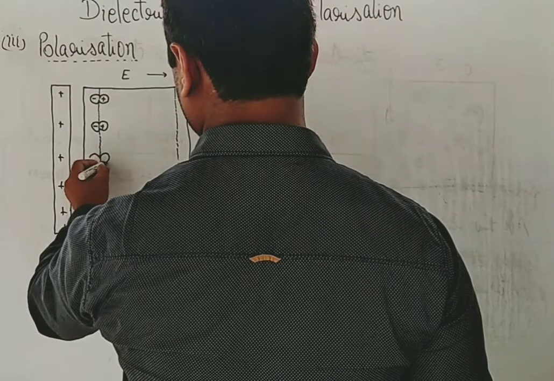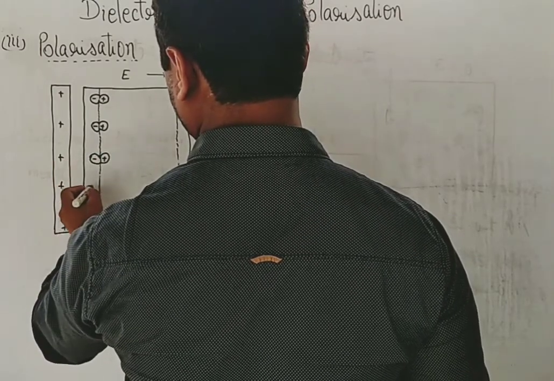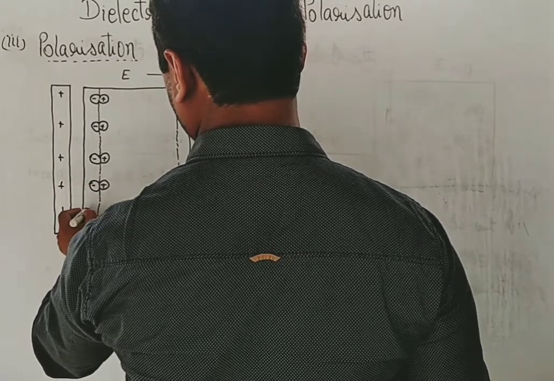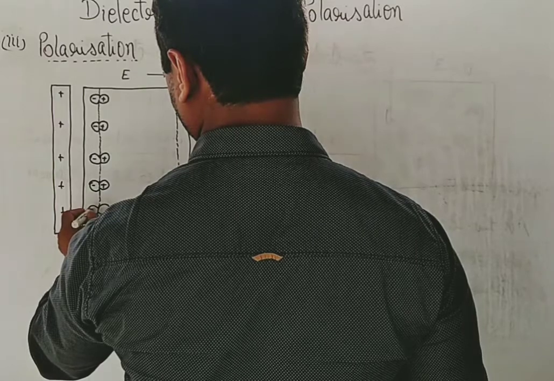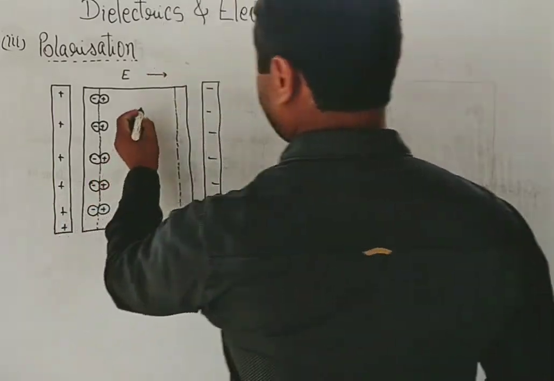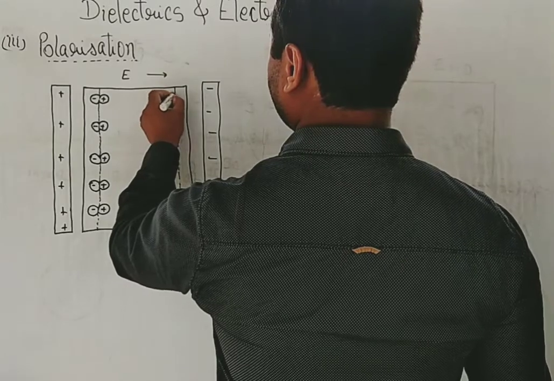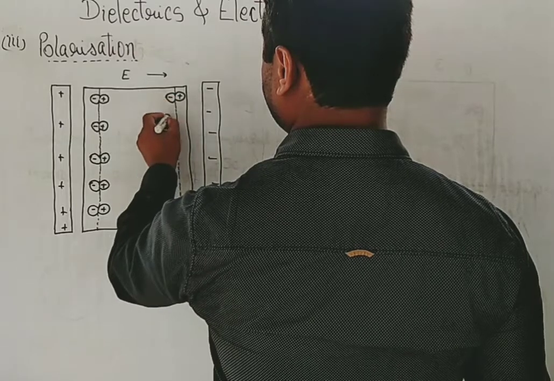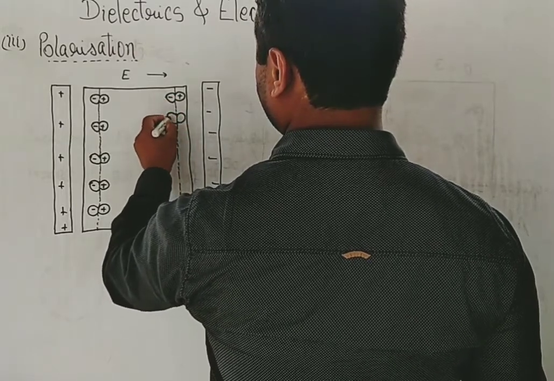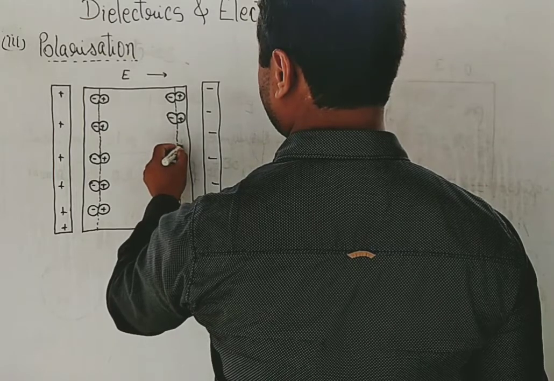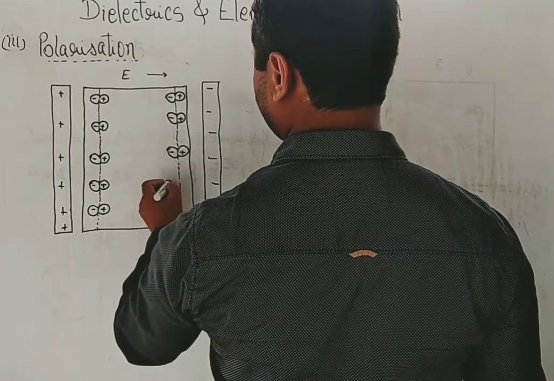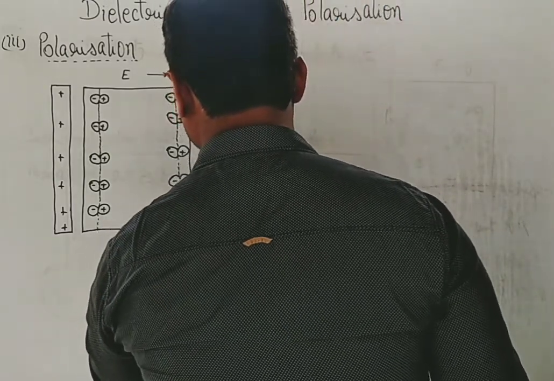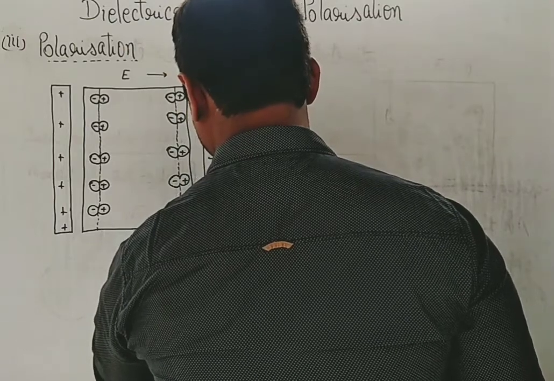Here also it is negative, positive, and so on, I must mention negative, positive in each row.